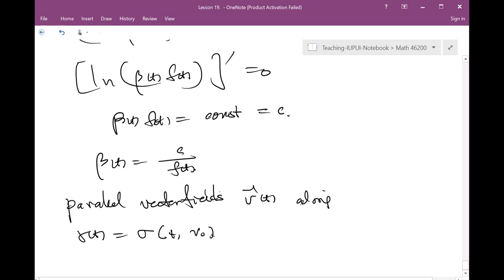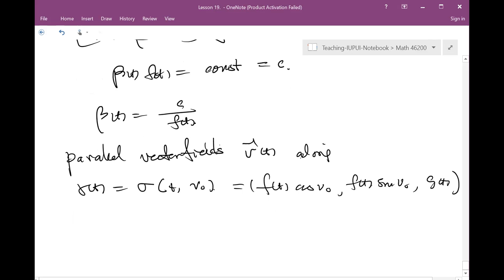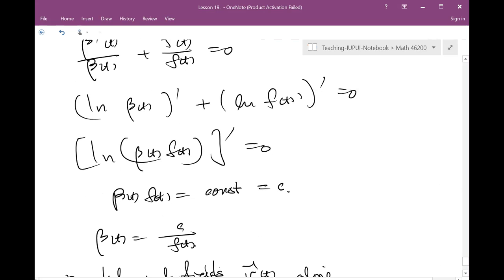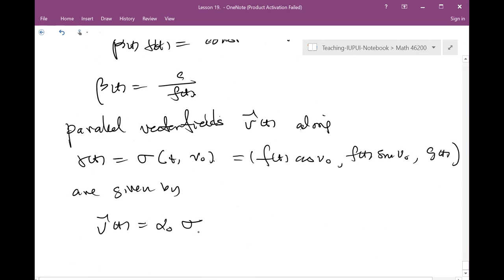If we want to put more details here, it's f of t cosine v0, f of t sine v0, and the g of t. And then they are given by, what is my alpha? Alpha is constant. And my beta must be C over f of t, something like that, sigma v.